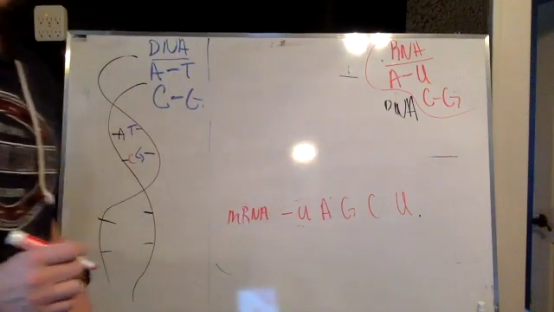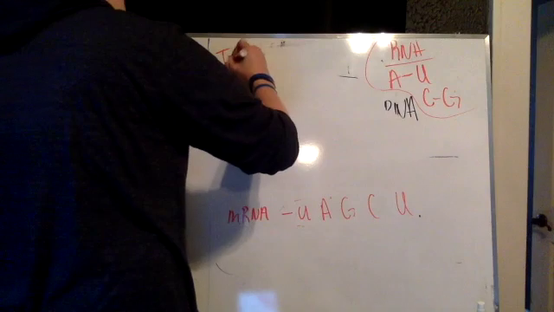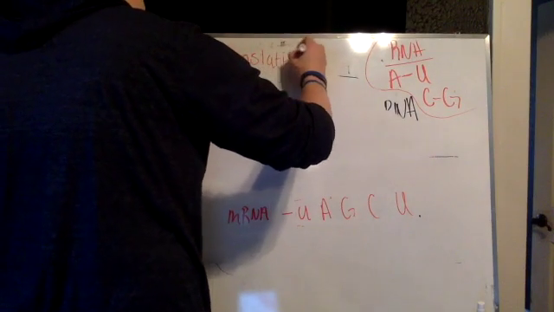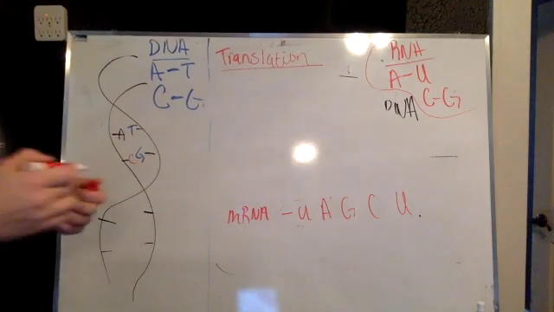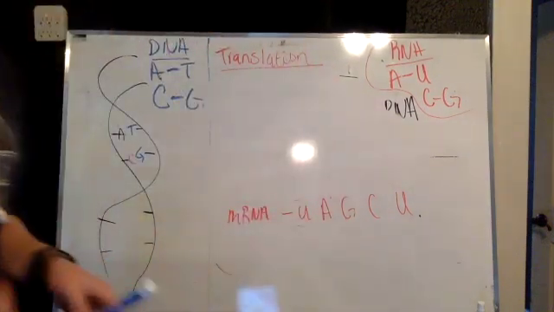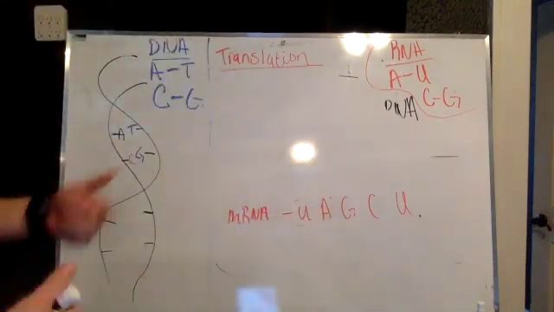Now, after transcription, where DNA is copied, we have translation. Because right now, we don't have a protein. What we have is mRNA. We need to turn mRNA into protein. How? By translating it.